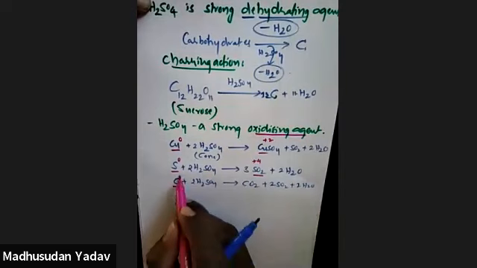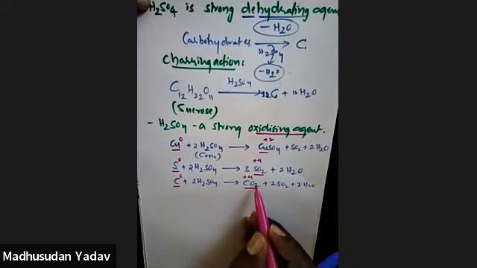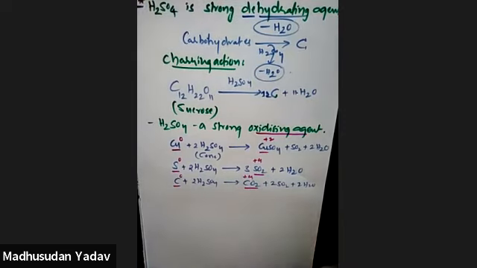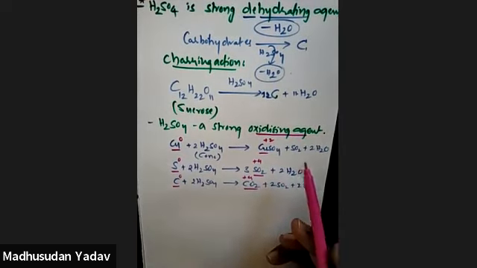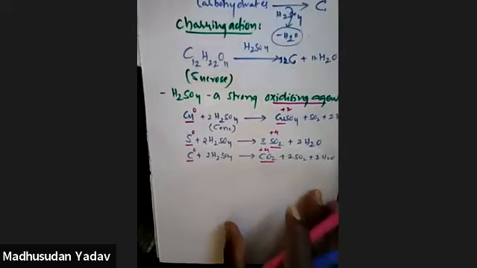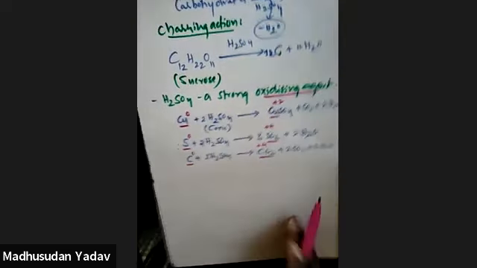Here carbon goes from 0 oxidation state to plus 4, and oxygens are also added, so it is an oxidation process. Have you understood now? So sulfuric acid acts as a strong oxidizing agent. So these are the preparation methods and its chemical properties.